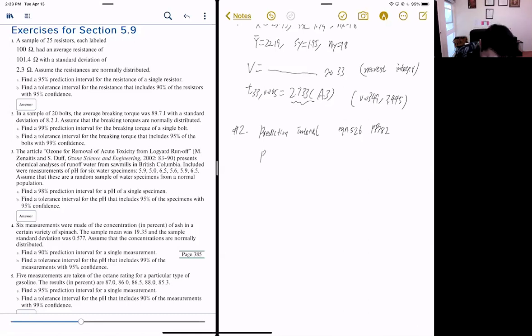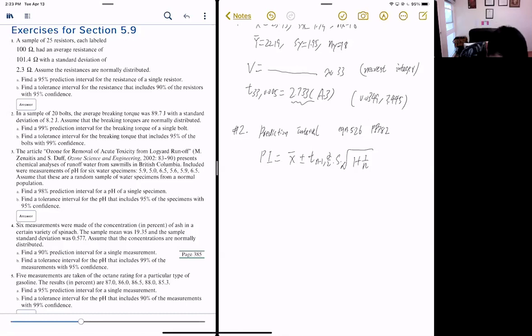Okay. So prediction interval PI is equal to the mean value of the sample, plus or minus the t value, with n minus 1 degrees of freedom and half alpha. S is the sample standard deviation.